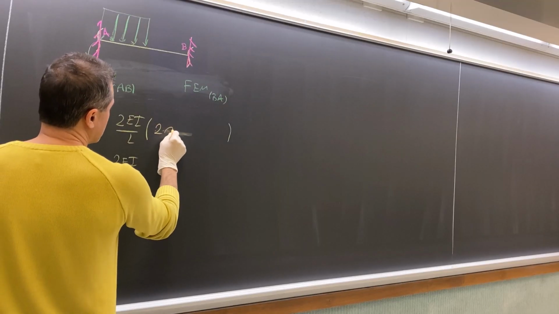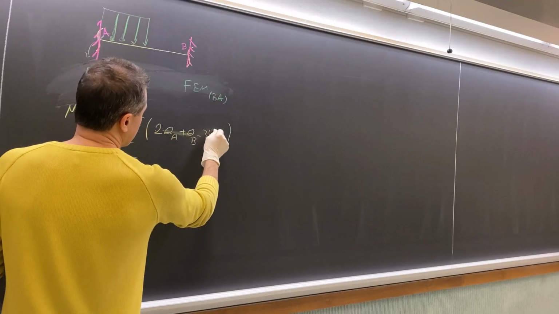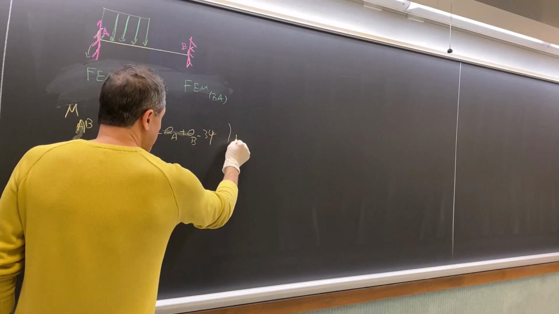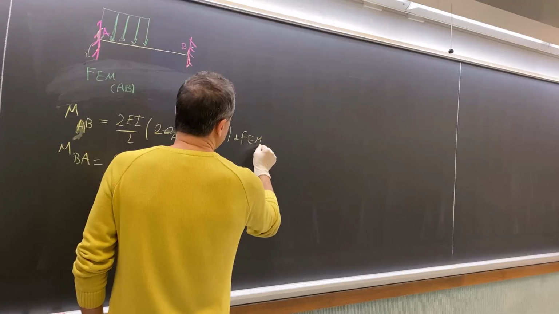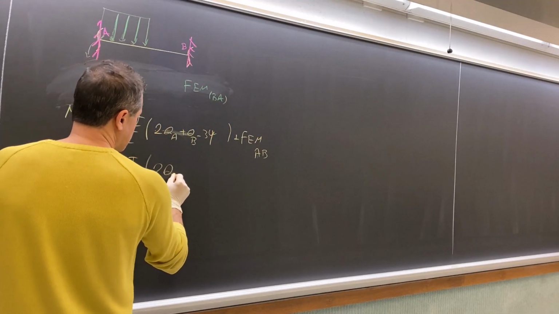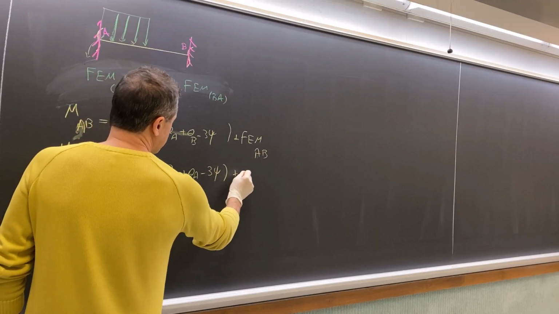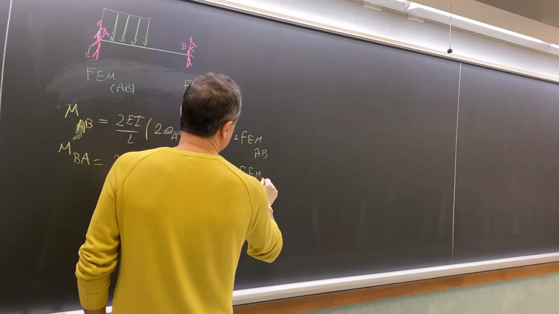This is 2 theta A plus theta B minus 3 psi plus FEM AB, if I'm not mistaken. Later we can check it. Theta B plus theta A, 3 psi, FEM BA.